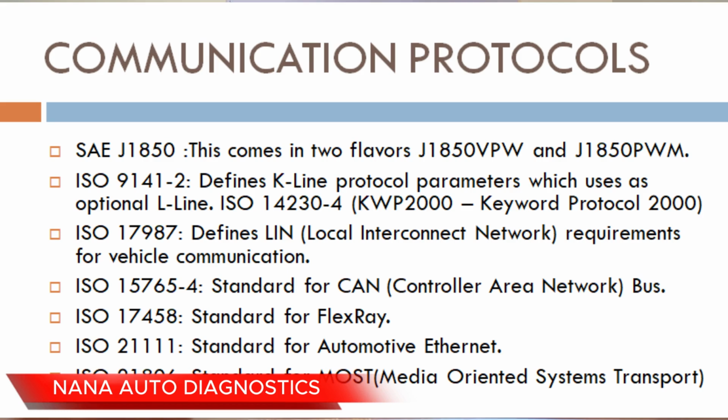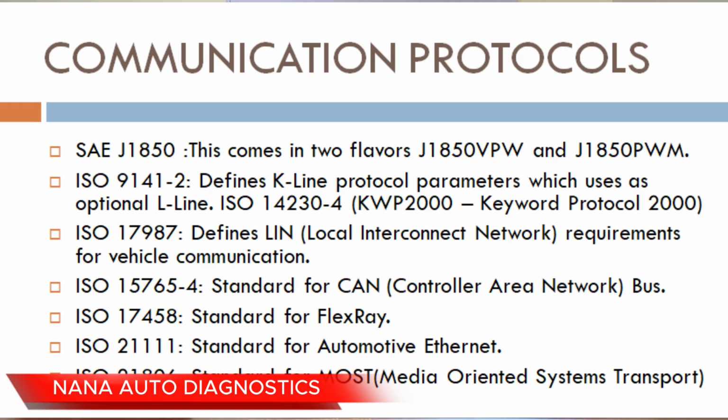Then we have another one, which is ISO 9141-2, and this defines the K-line protocol and usually uses an L line, and this is optional. We shall look at that in detail when the time comes. And this protocol was upgraded to ISO 14230-4, which is KWP2000, standing for Keyword Protocol 2000.